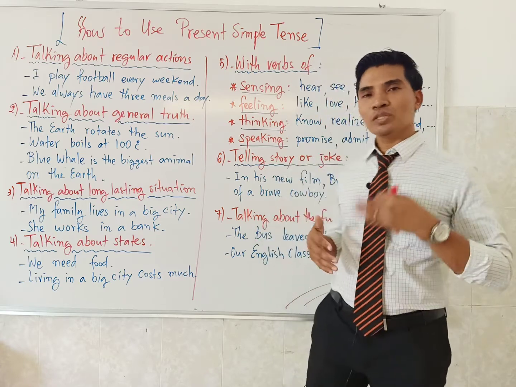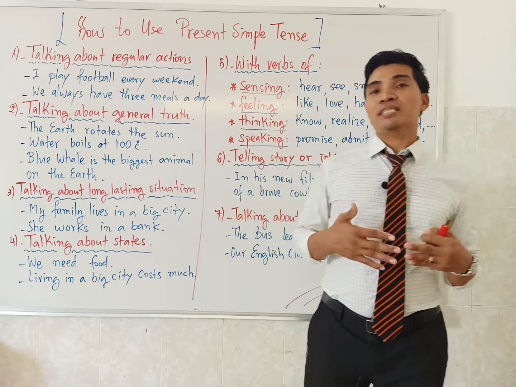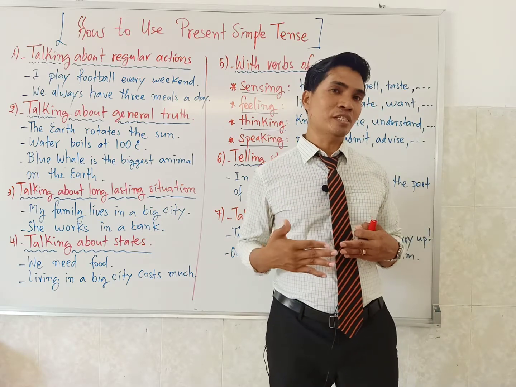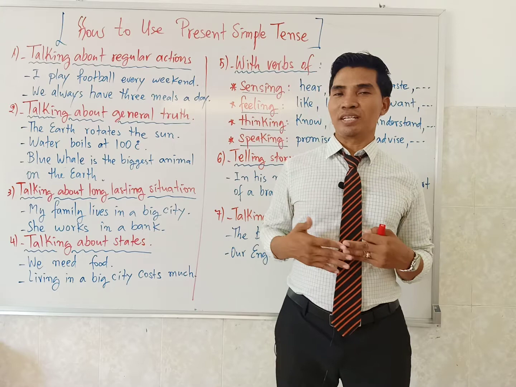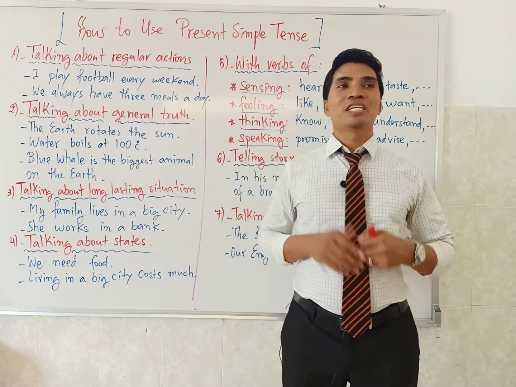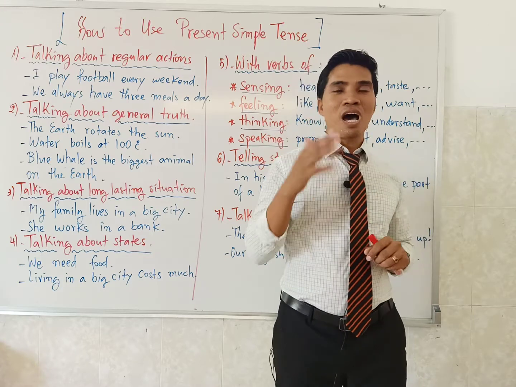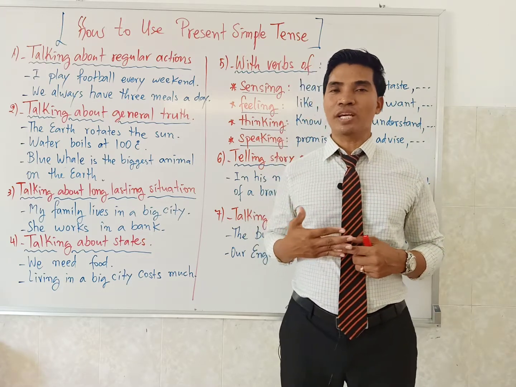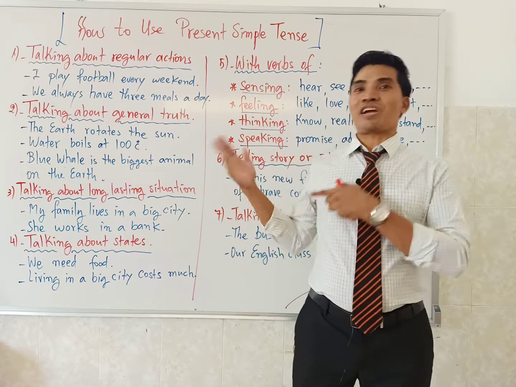Okay, so today's lesson I'm going to show you how to use the present simple tense, and in this video lesson I have raised 7 points, 7 points on how to use the present simple tense. Okay, so let's get started with the class.